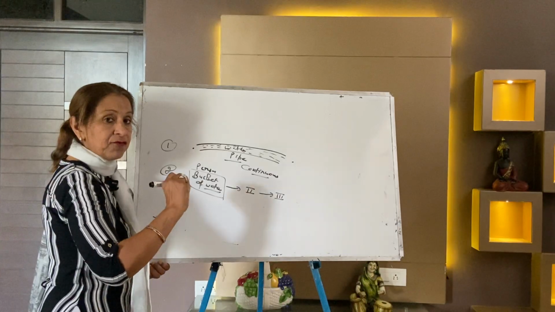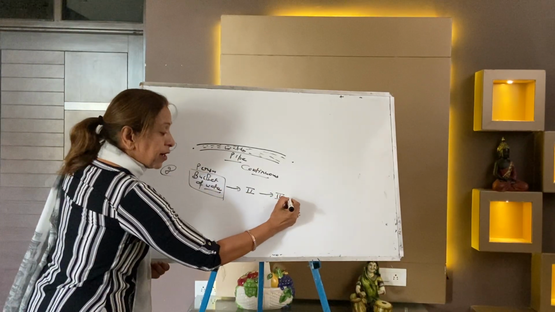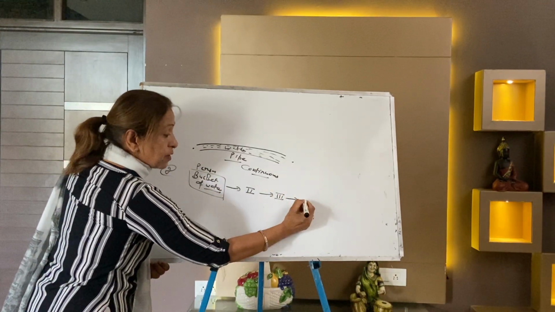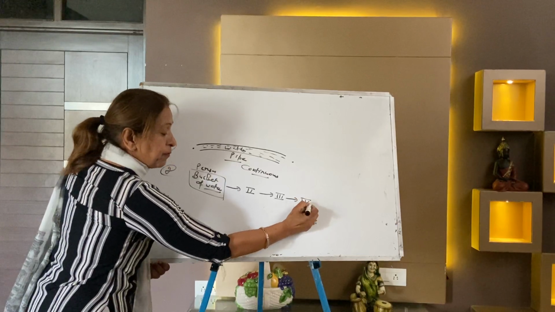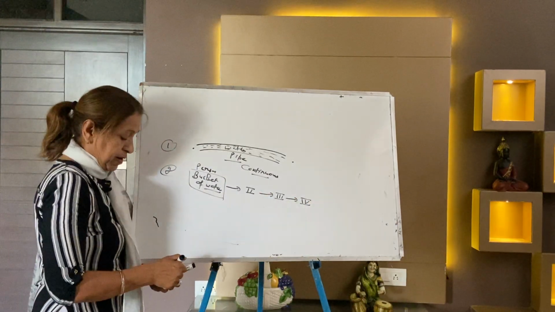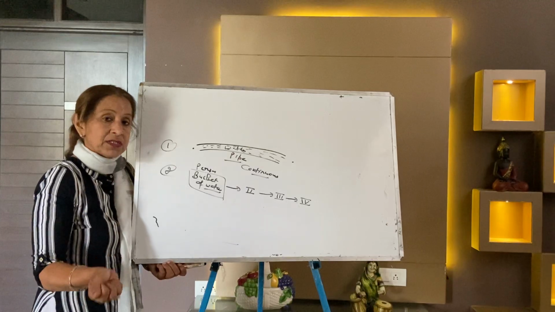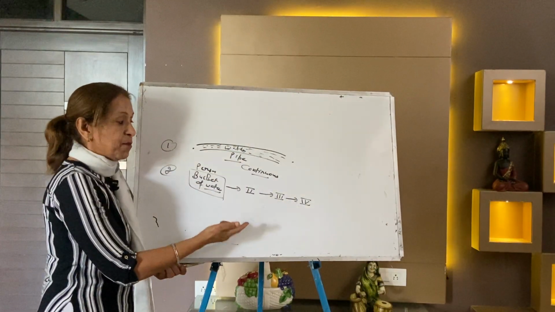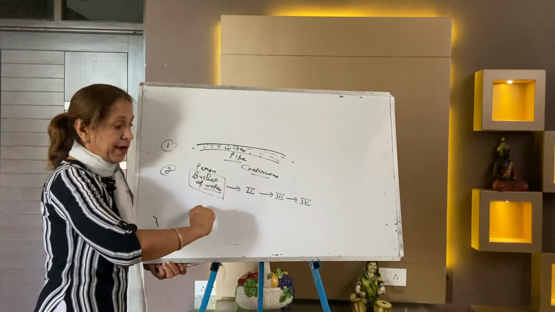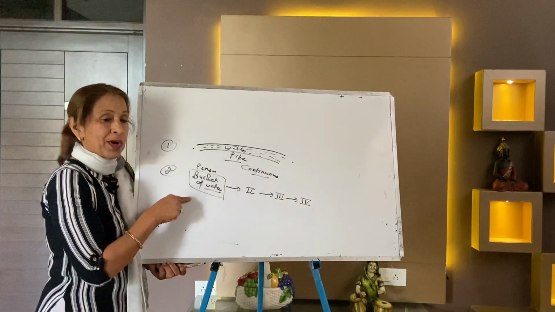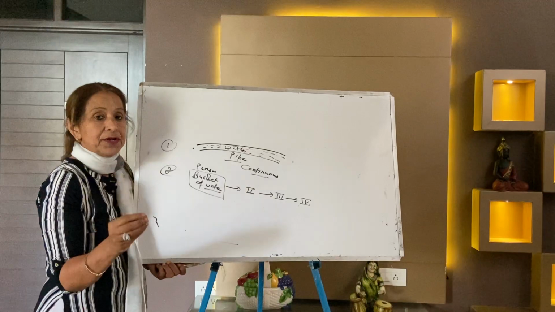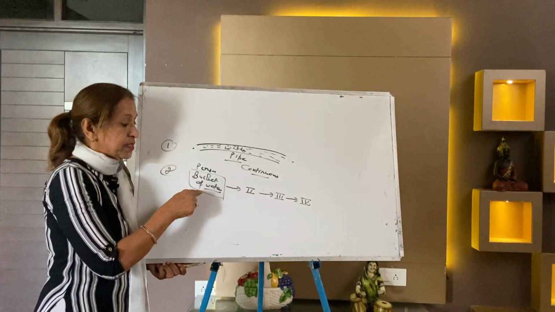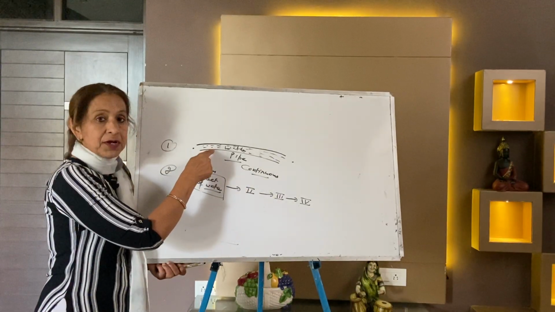They are standing a few paces apart. The third person gives the bucket to the fourth person. In this way, water flows from one end to another end. This is a discontinuous flow, and the pipe is a continuous flow.